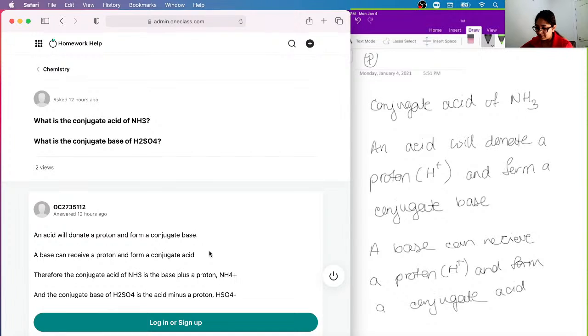Since when we're talking about acids and bases, your acids have more hydrogens, and any bases would have more hydroxide ions, OH ions. Therefore, when we're trying to go to an acid, your acid would have more hydrogens.